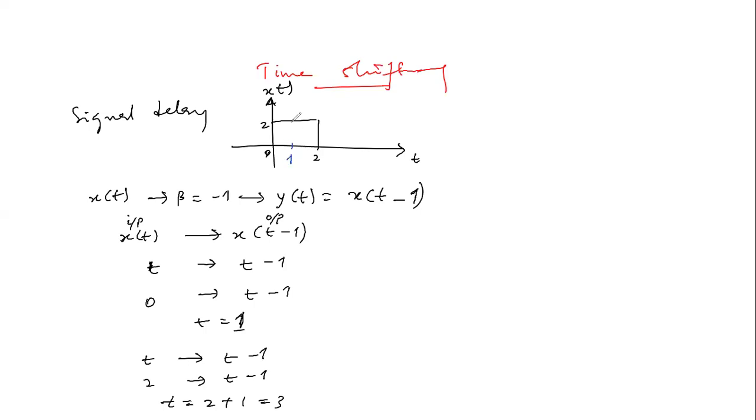So this is what was transmitted at the output. And then it went on this way. At time t equal to 2, it went on to 3. So you can see the signal is actually occurring at a later time in the future. So this is signal delay.